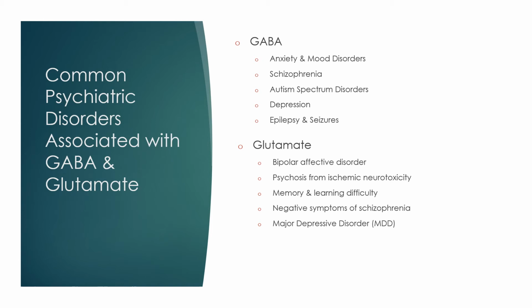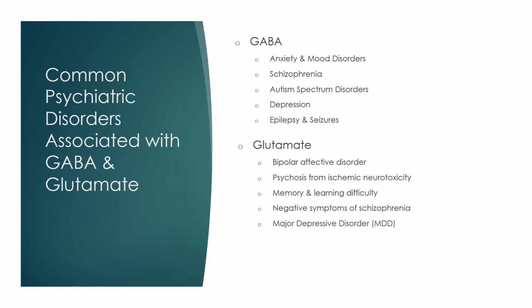And as I shared, glutamate is an excitatory neurotransmitter and it's associated with epilepsy. And there's also the glutamate theory of schizophrenia. It's been linked to bipolar affective disorder, psychosis from ischemic neurotoxicity, memory and learning difficulties, some of the negative symptoms of schizophrenia, implicated in major depressive disorder.